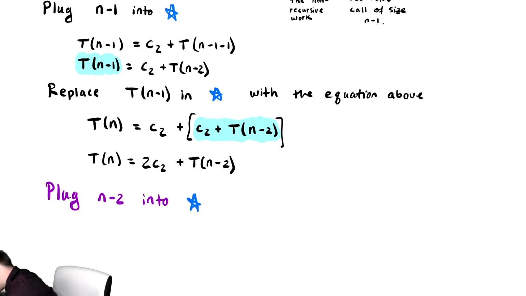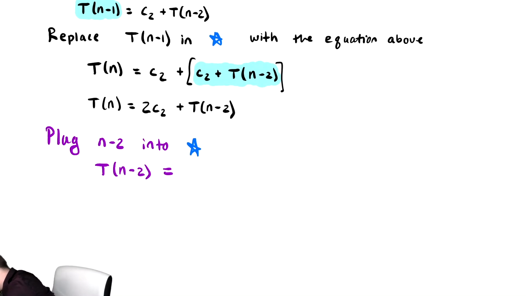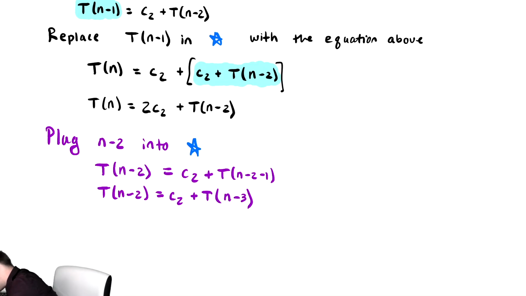If I do that, I get t of n-2 is equal to, plugging n-2 into this equation for n, c2 plus t of n-2 minus 1. Then do a bit of algebra. We get t of n-2 is equal to c2 plus t of n-3.